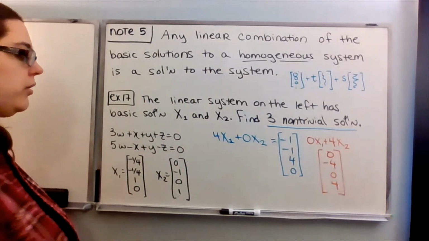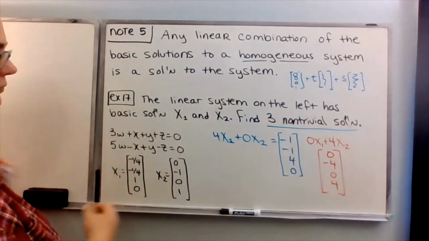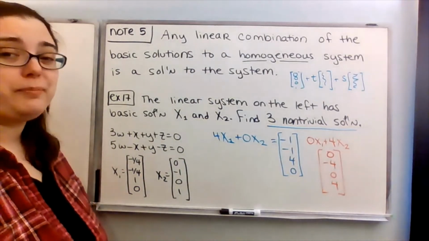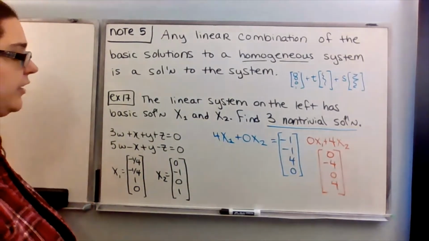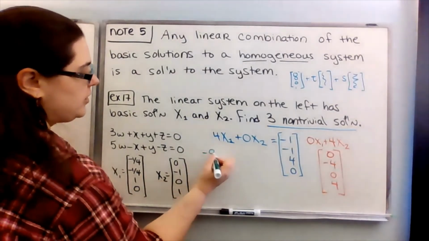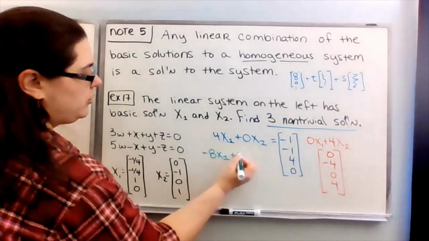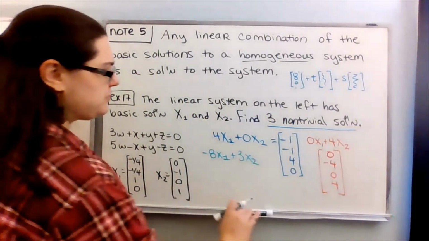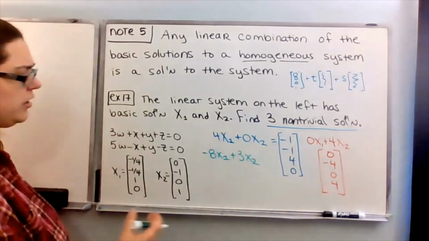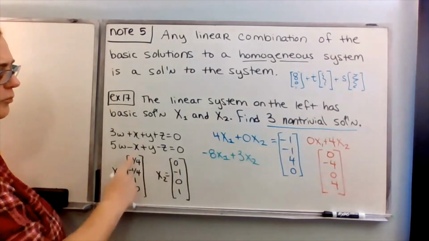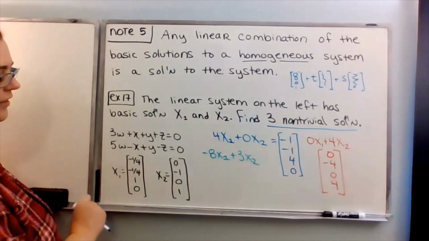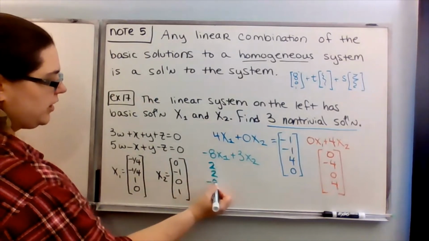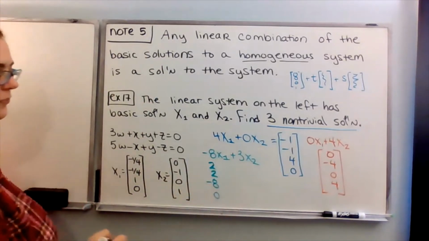Let's find one more because we were told to find 3. Again, it doesn't matter what numbers you pick as long as they're not both 0. So let's say I go with -8 x1 plus 3x2, just to do something a little bit different. So if I take -8 and I multiply it by this matrix, that's going to give me a 2, a 2, -8, and 0.